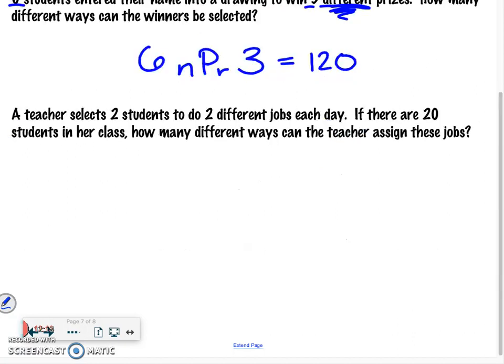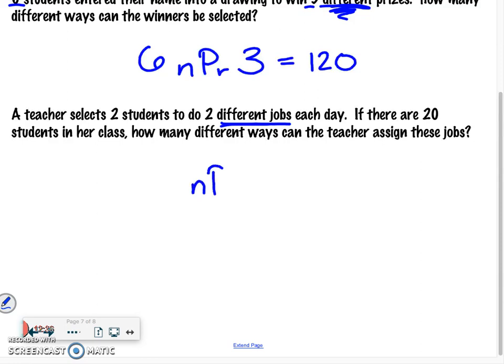And last one on this page, a teacher selects 2 students to do 2 different jobs each day. If there are 20 students in her class, how many different ways can a teacher assign these jobs? Key term here is that they're different jobs. The order matters here. Okay, they throw an extra 2 in there just to mess with you. But all we really care about is that we're starting with 20 students and we're going to pick 2.